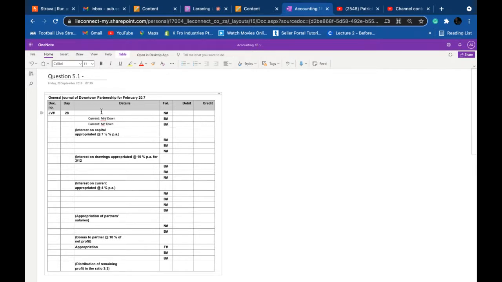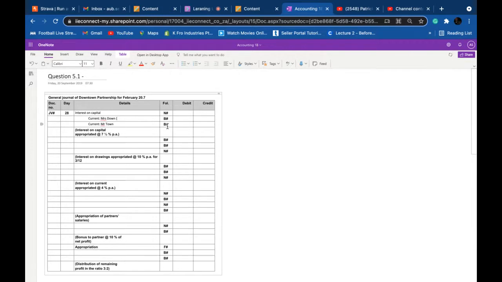The other account that's affected is interest on capital. Right, we now need to do the calculations.